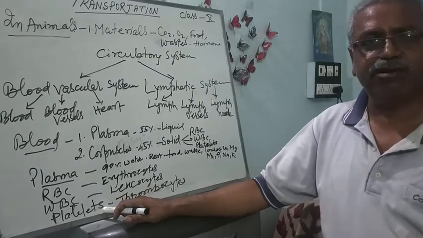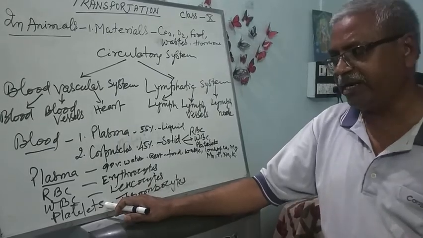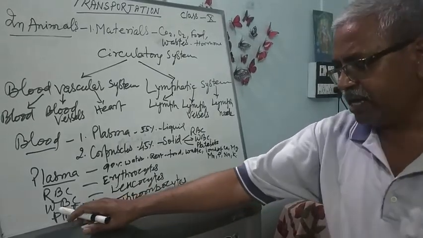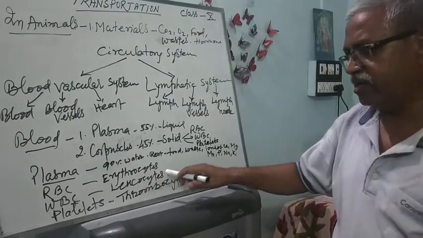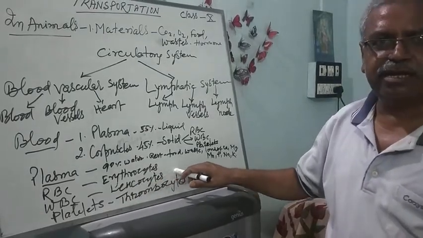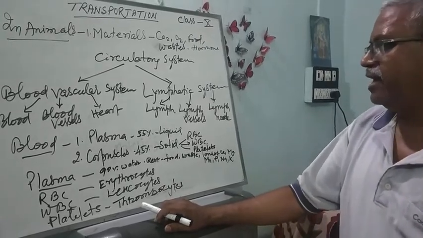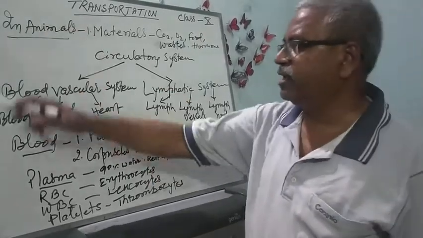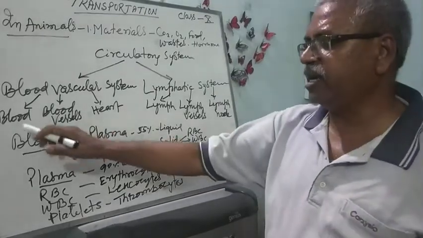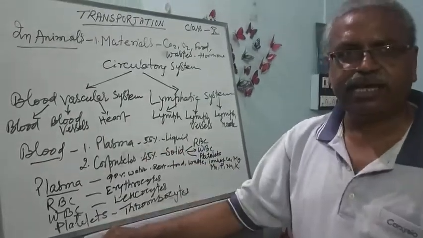It has a role in clotting of the blood. And the main function of the WBC is protection from the pathogens. In this way, we have a clear-cut idea about the blood.